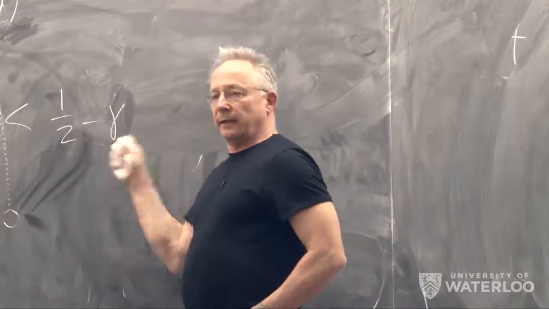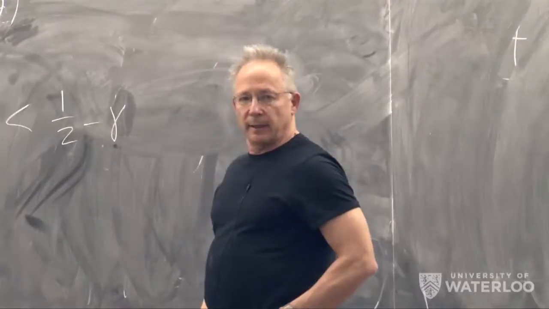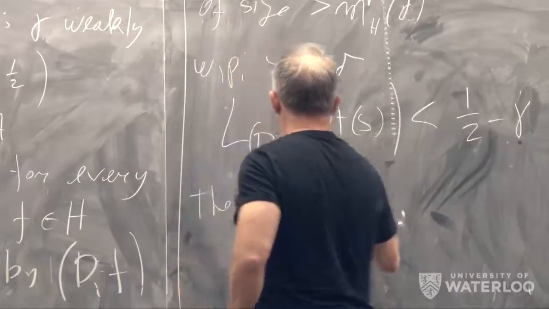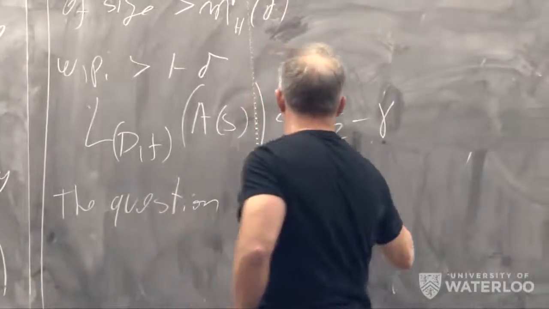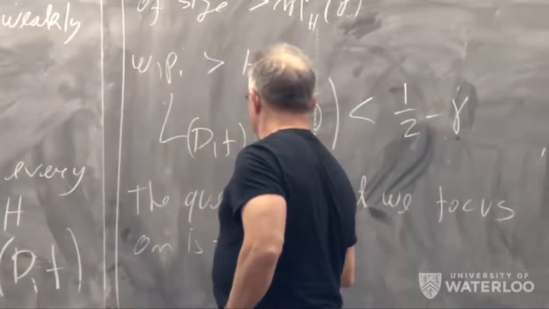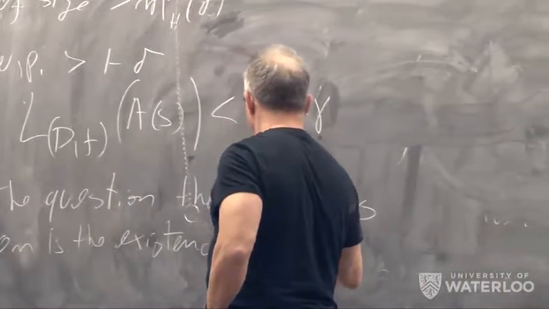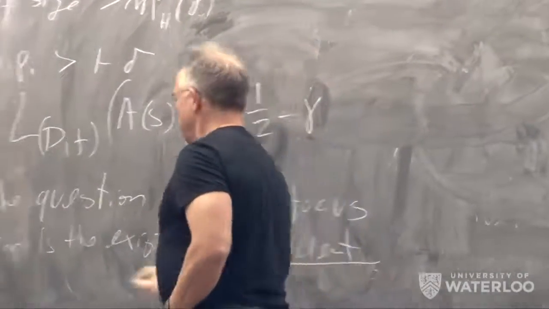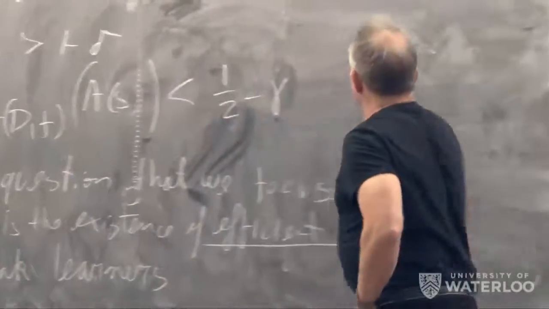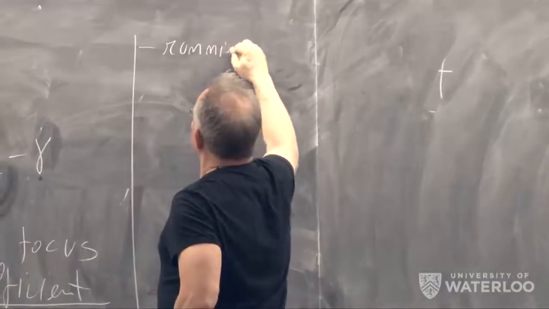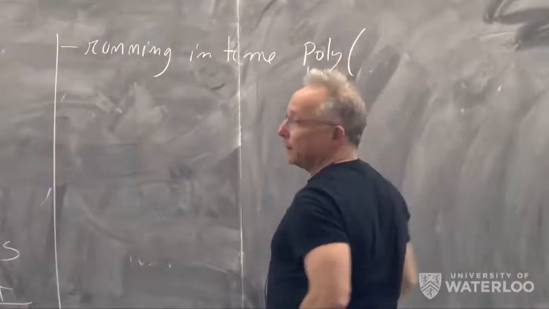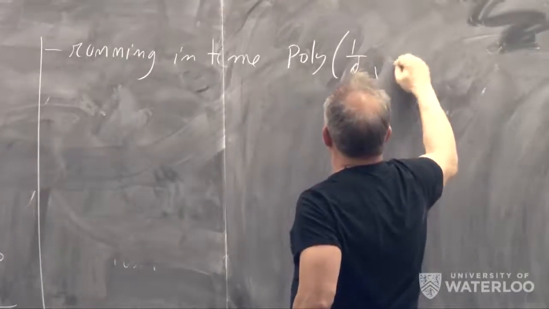All I ask you is to get error less than half minus gamma, and the question that we focus on is the existence of efficient weak learners, that is, running in time polynomial in 1 over delta and some complexity parameter.